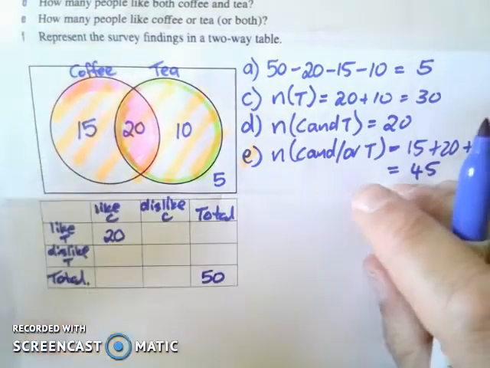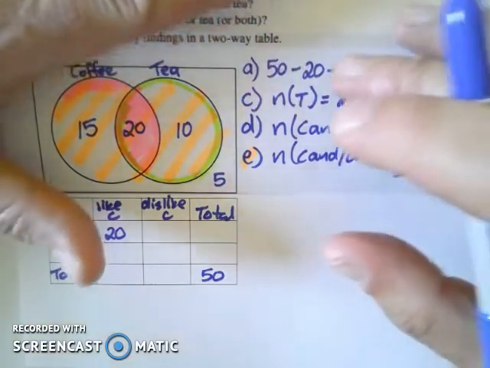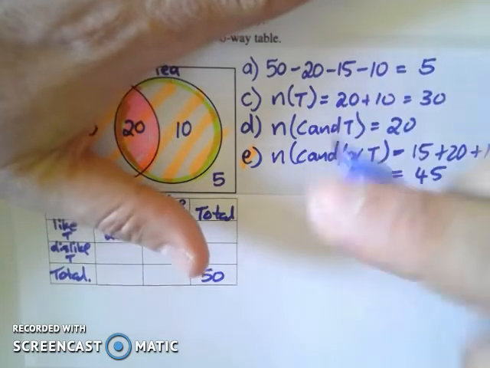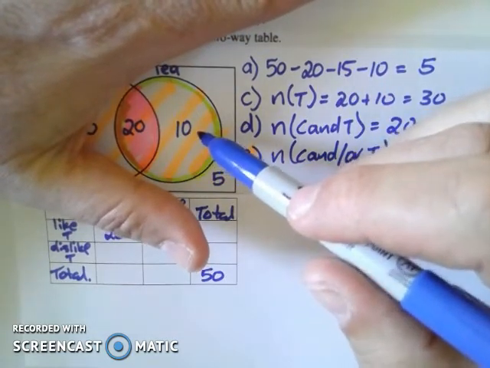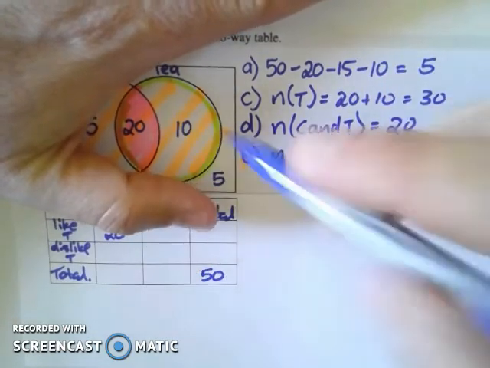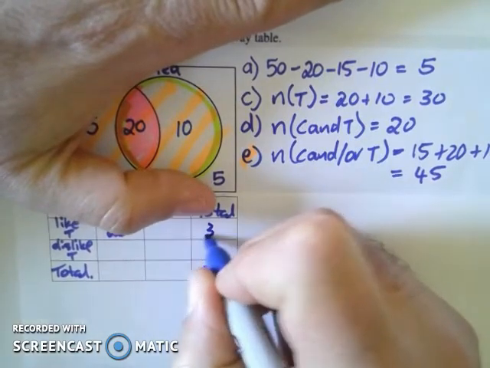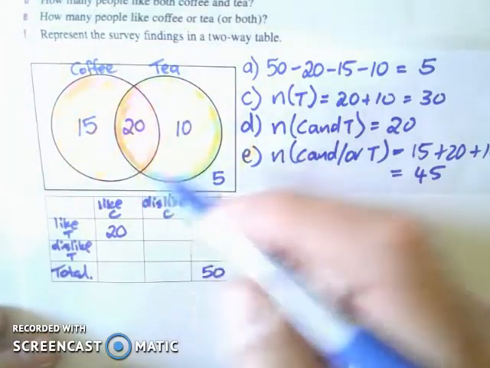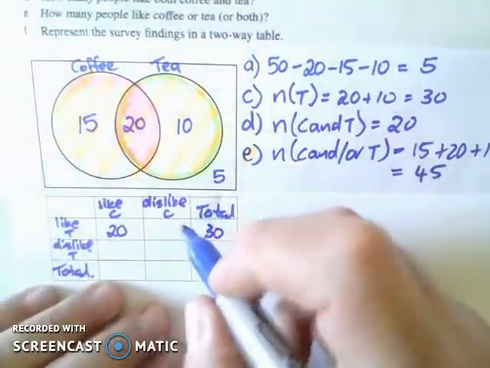Okay, so how many people like tea? 20 plus 10, total is 30, so 30 people like tea, which means 10 people like tea but they don't like coffee, so that needs to be a 10.